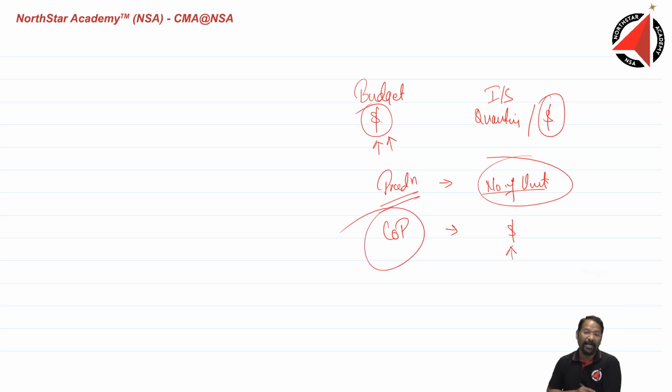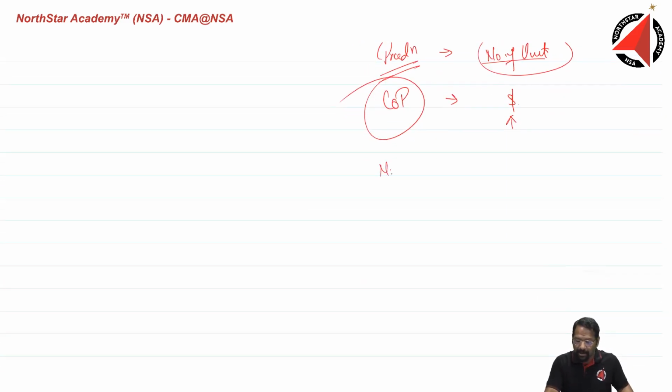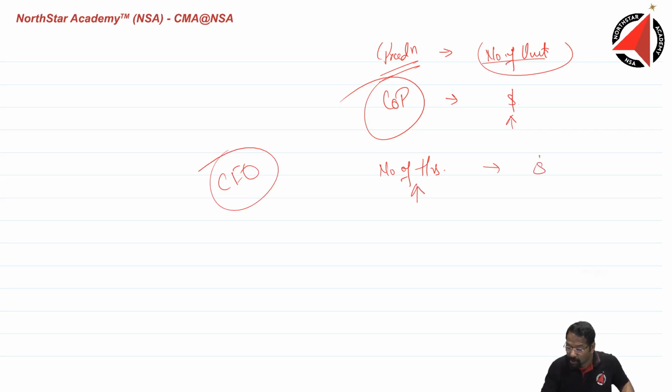Number of employees or number of hours of labor that I need cannot be presented in dollar value. But as a finance department, the CFO of the company is interested in how many hours of labor you need or how much dollar you need to be allocated for this work. What am I interested in as a finance guy? How many hours or how much amount?